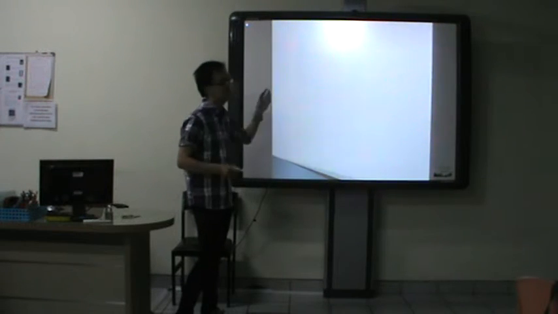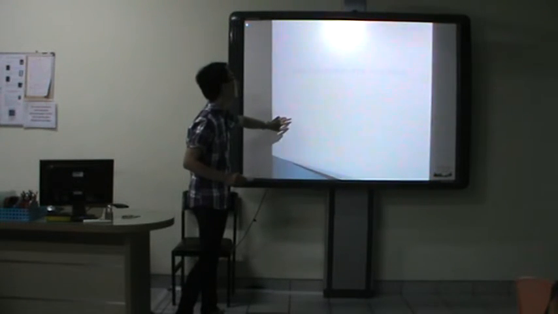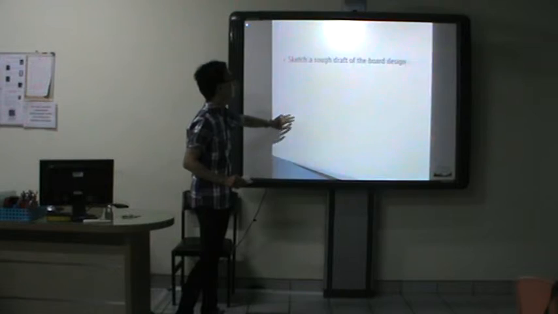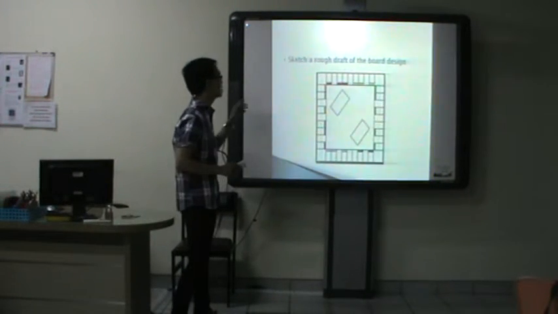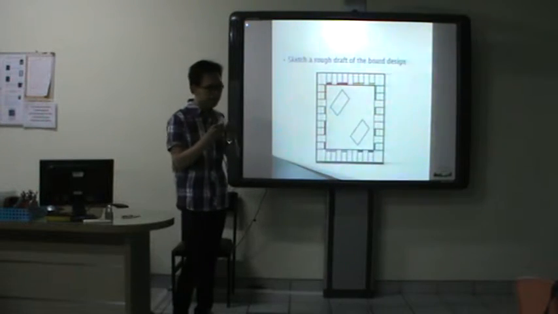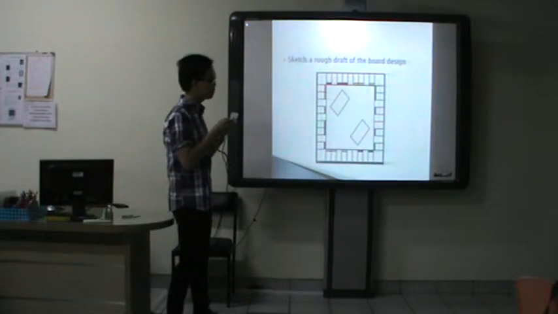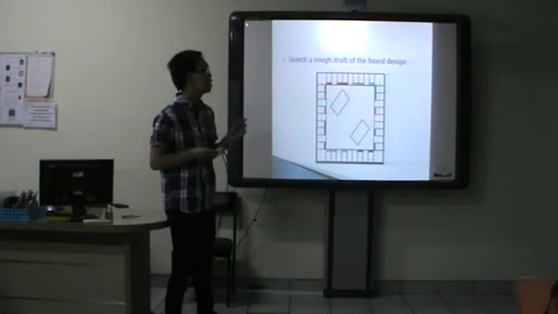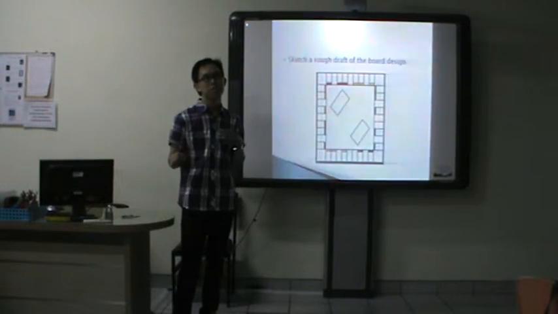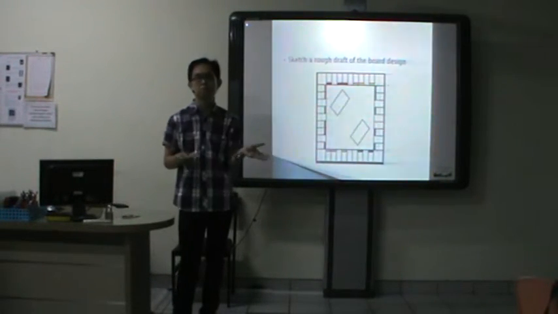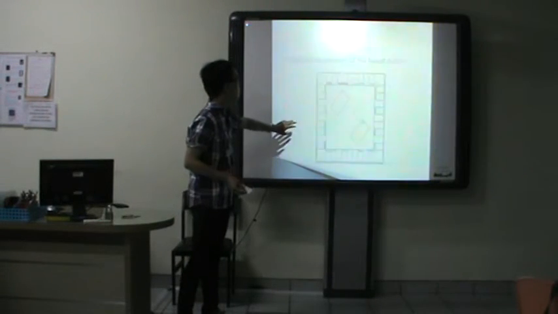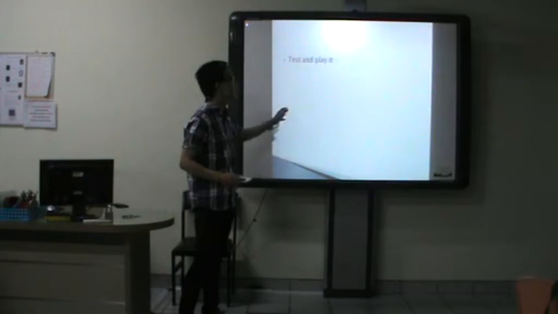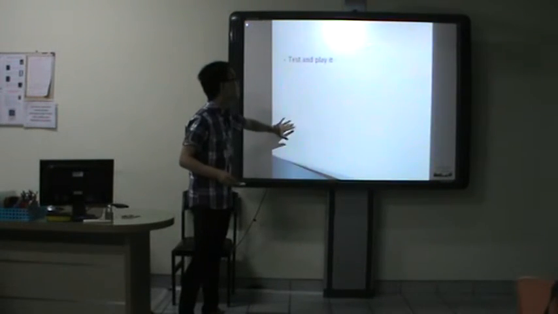After that you can make it clearer by sketching a rough draft of the board design. You can color it, you can design it more. And of course this can determine what you need to include more or what you want to erase in your game.